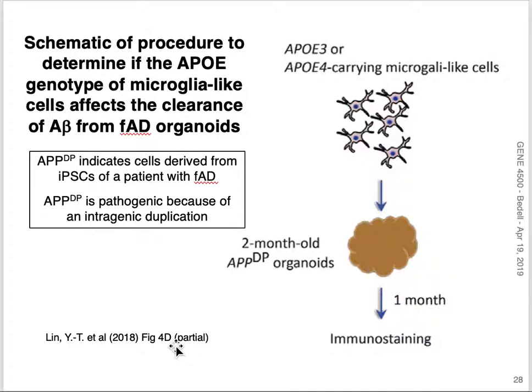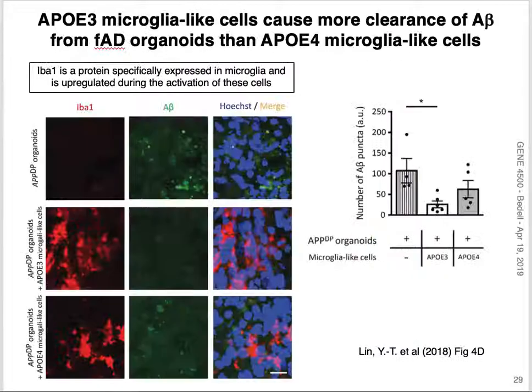And this is where they're getting the evidence for three-dimensional differences. What's the significance of, let's see, okay, A beta? IBA1 is the marker for microglia. That's being upregulated. These cells are being upregulated when they're getting activated.